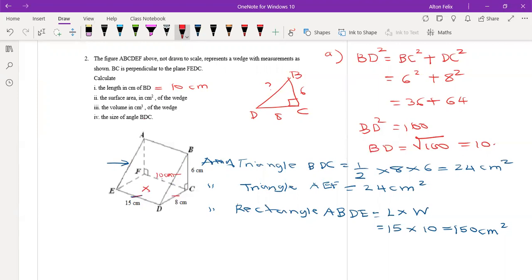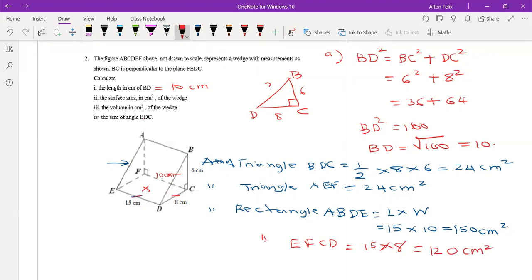So let's look at that rectangle EFCD. The length here is 15, and the width is 8. So we need to work out 15 by 8. 8 fives are 40, 8 ones are 8, and 4, so 120 centimeters squared. So we have just worked out the bottom piece as well.